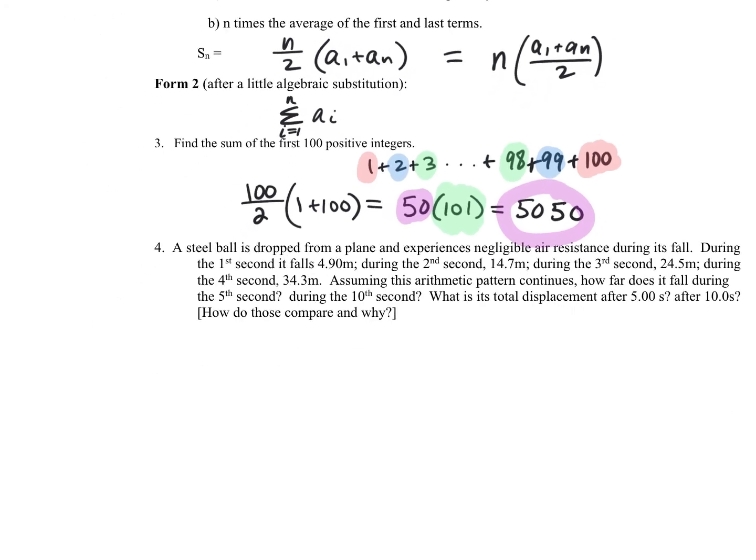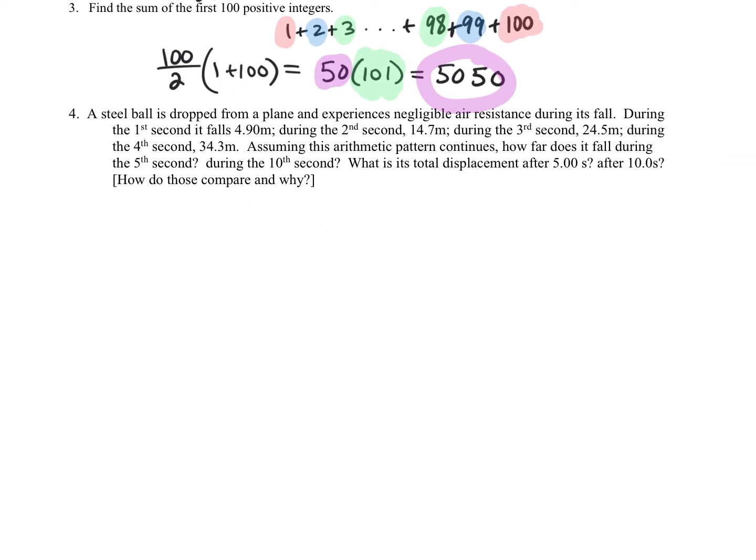We can also do this same process for an application problem. Here we have a steel ball dropped from a plane with little air resistance during the fall. During the first second, we fall 4.9 meters. During the second, 14.7 meters. And in the third, 24.5 meters. During the fourth second, 34.3 meters.